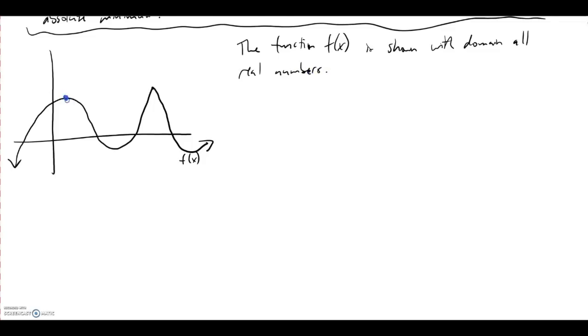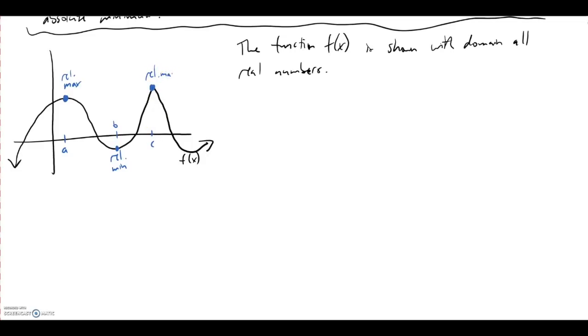Let's look for those extrema again. We'll say this first turning point, which I'm going to say happens at a value a, is a relative max. The second turning point at a value of b would be a relative minimum. And at this value c, we have another relative maximum.